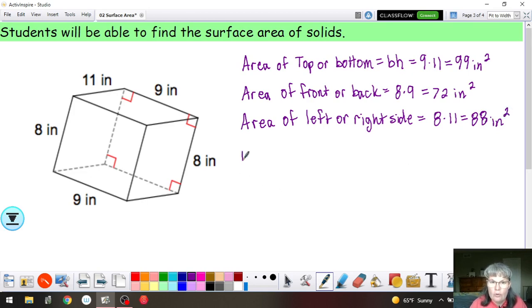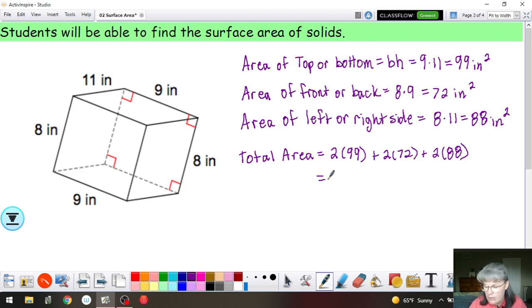So to find the total area, we're going to have 2 of everything. So 2 times 99, 2 times 72, and 2 times 88. 2 times 99 is 198. 2 times 72 is 144. 2 times 88 is 176.